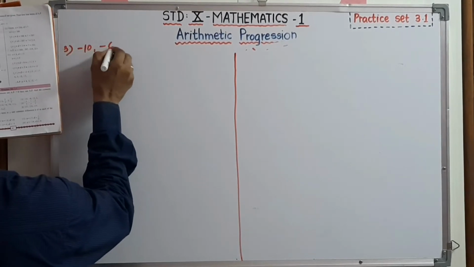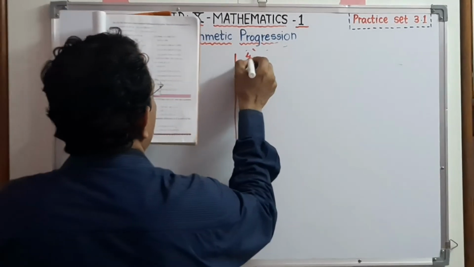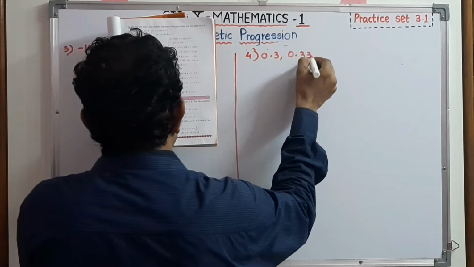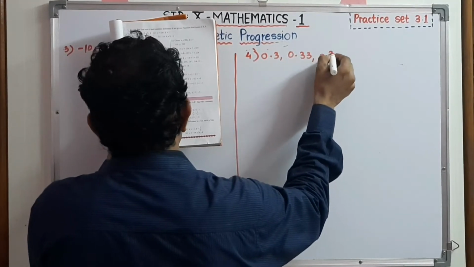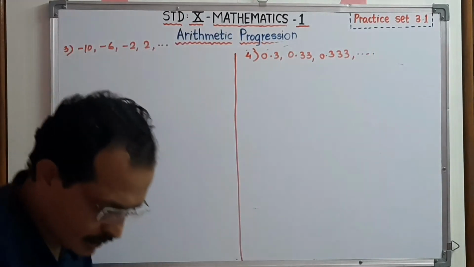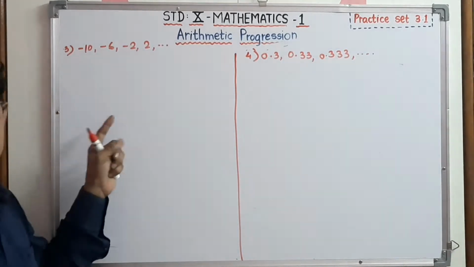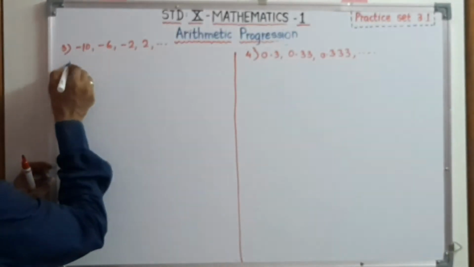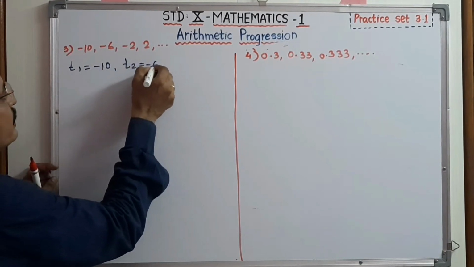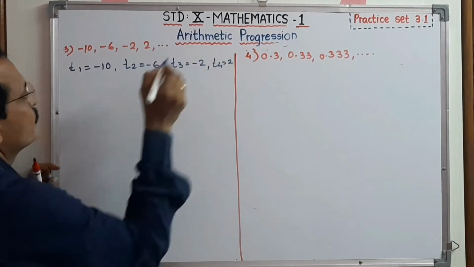Minus 10, minus 6, minus 2, 2 and so on. Then the fourth one is 0.3, 0.33, 0.333 and so on. Now see here, we have to decide whether it is an AP or not. t1 is equal to minus 10, t2 is equal to minus 6, t3 is equal to minus 2, t4 is equal to 2.